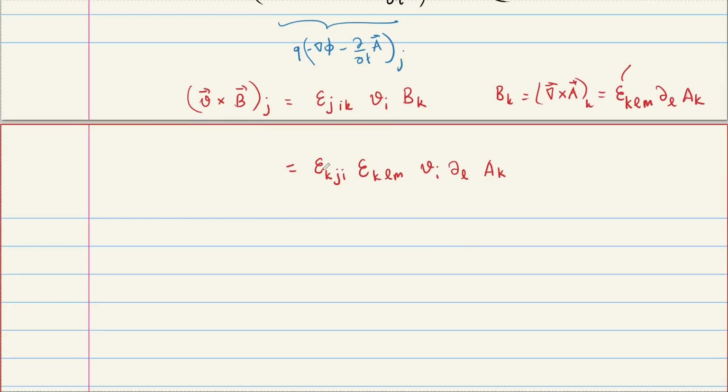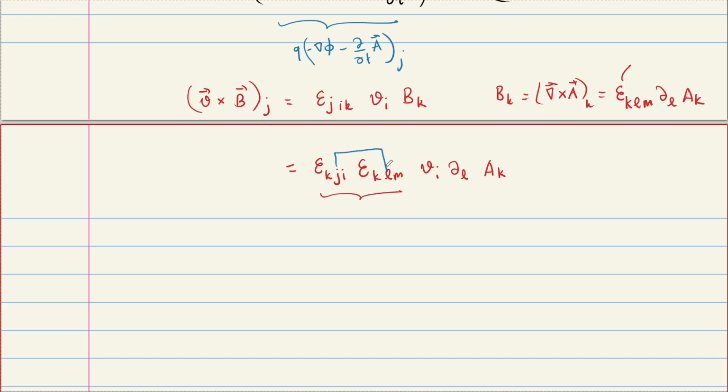And does anybody know what this product of two Levi-Civitas gives? I think there are two deltas, so you do the following. Once you have a common index, you look at the indices which are not common, and they should also be paired. Otherwise these Levi-Civitas are going to be 0.